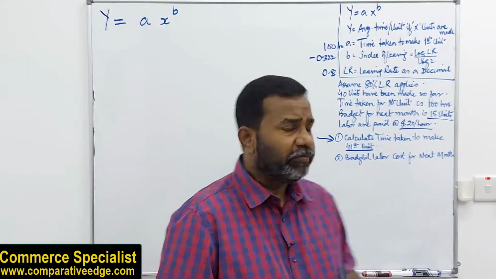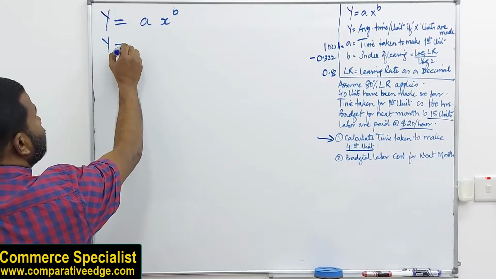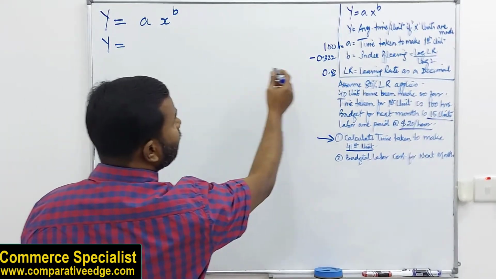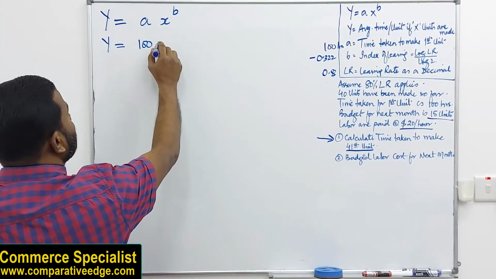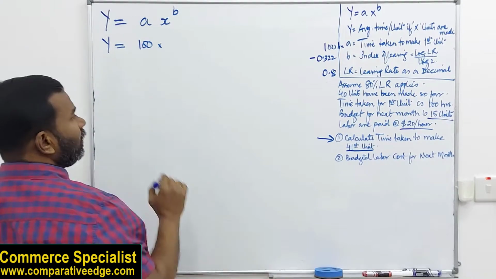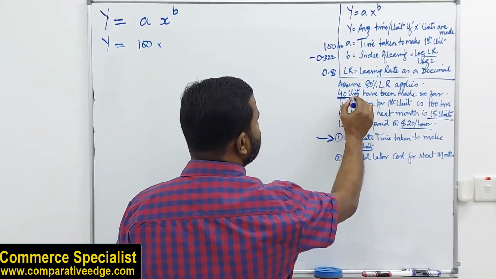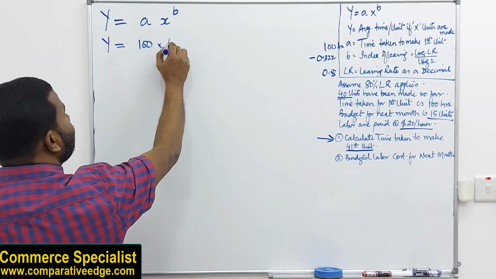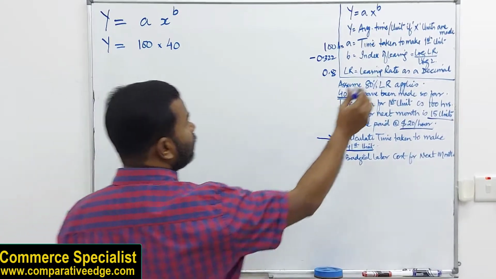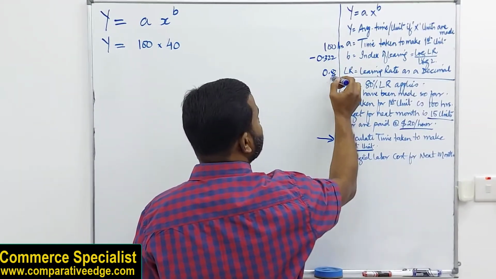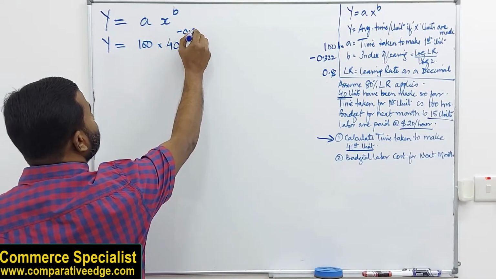First step, we will use this formula. We are trying to calculate y is equal to, the first unit took how many hours? The first unit took 100 hours, multiplied by, if we are making a total of, let's say I'm talking about 40 units, so X is 40 units. Learning index B, which is log of 0.8 divided by log of 2, I am getting minus 0.322.